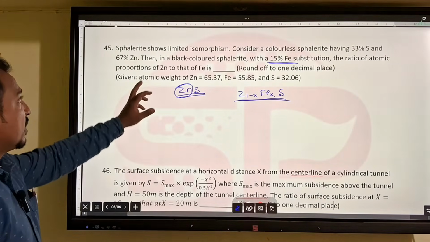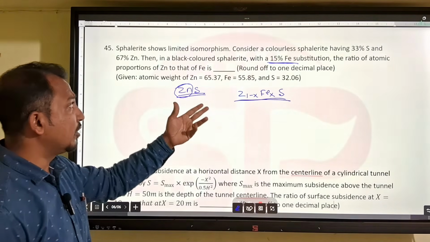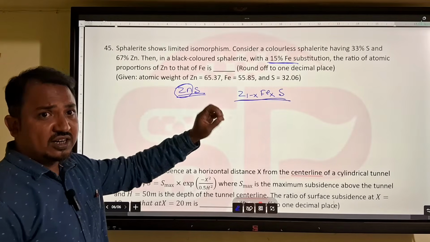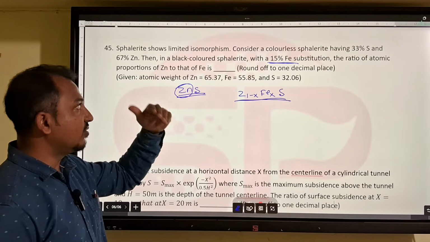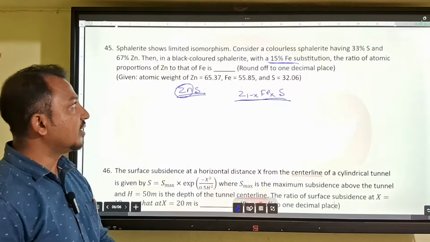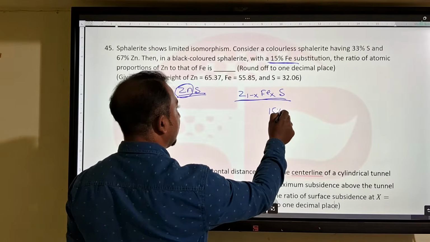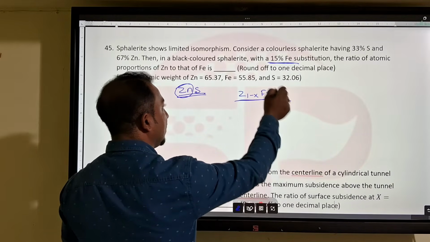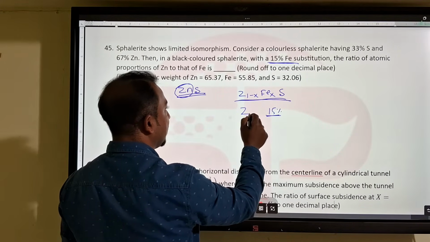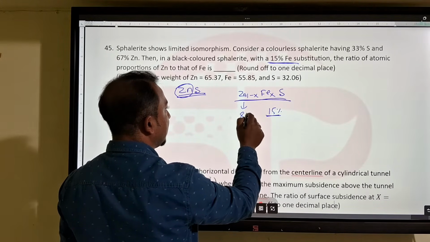So the ratio of atomic proportion of Zn to Fe. Here atomic number is given, so we can calculate their fraction within sphalerite, that is, what is the fraction of Zn, what is the fraction of S. But the simpler way you can calculate this: Fe is 15%. If Fe occupies 15% of this place, then Zn will occupy 85%.